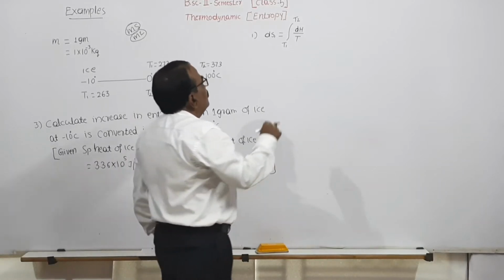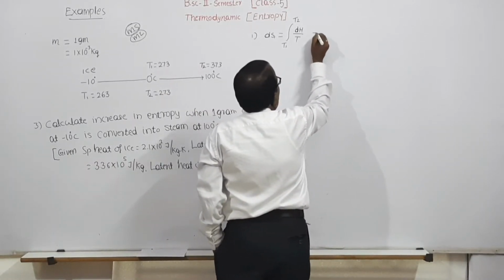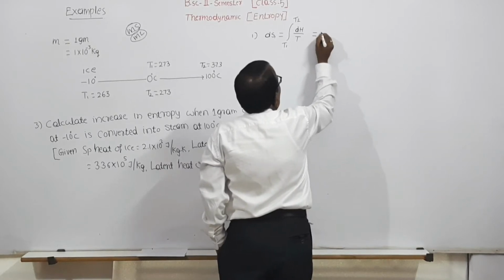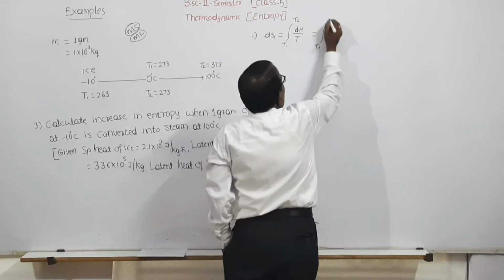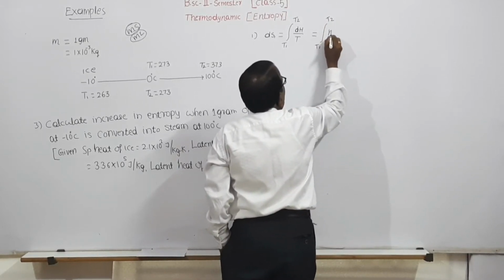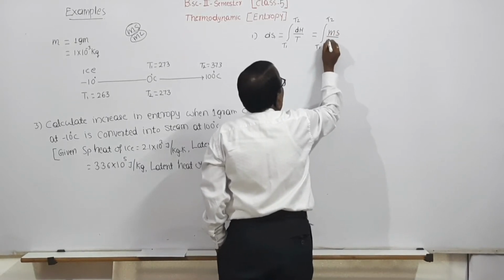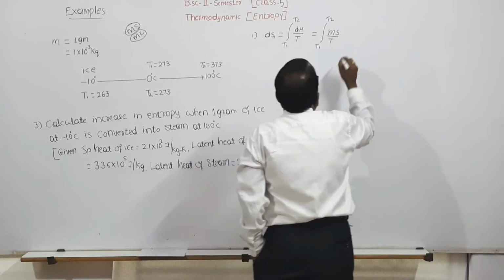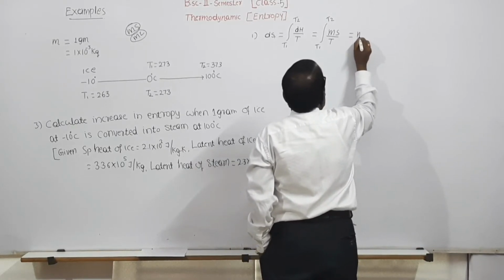Now it is from T1 to T2. This is equal to integration from T1 to T2. I will write this as mass into specific heat divided by T. M into S is taken outside.